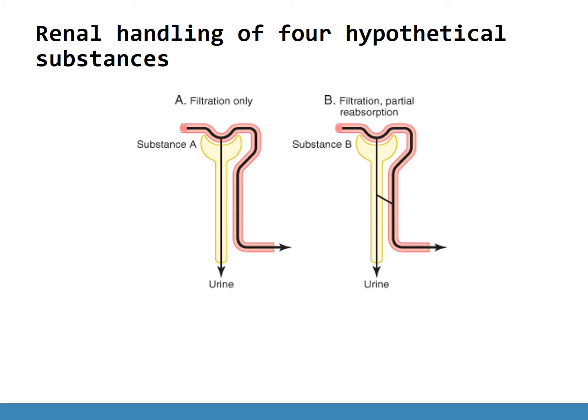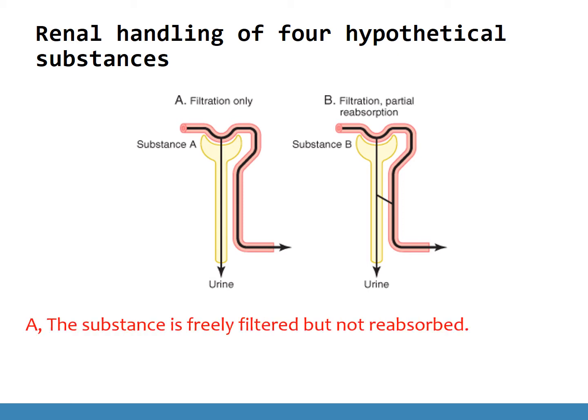Looking at figure A, there is a substance which is freely filtered at the glomerulus. There is no reabsorption and no secretion of this substance. So this substance is freely filtered but not reabsorbed and not even secreted.